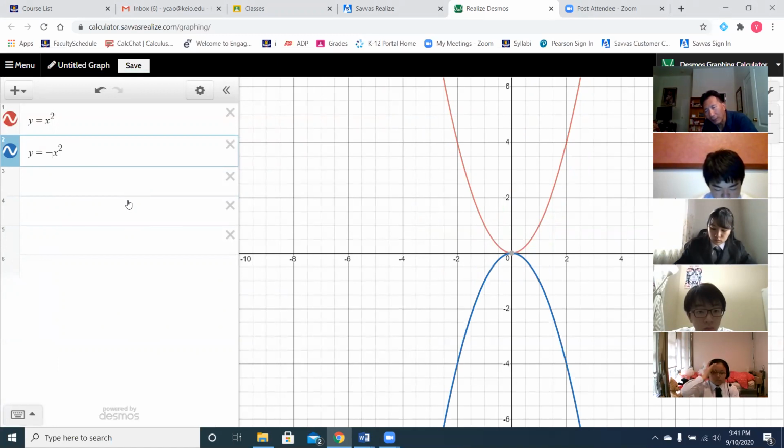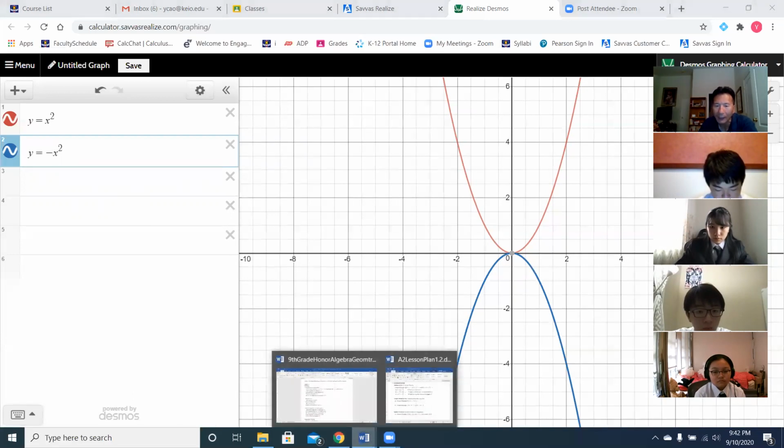So what can you tell by this graph? One is positive x squared, one is -x squared. Flip over, right? You flip that one over, you get the graph. So basically it's a reflection of the original graph.